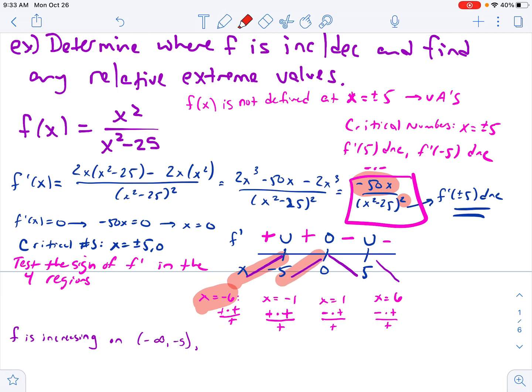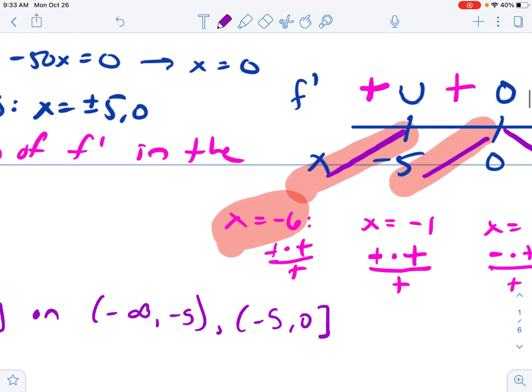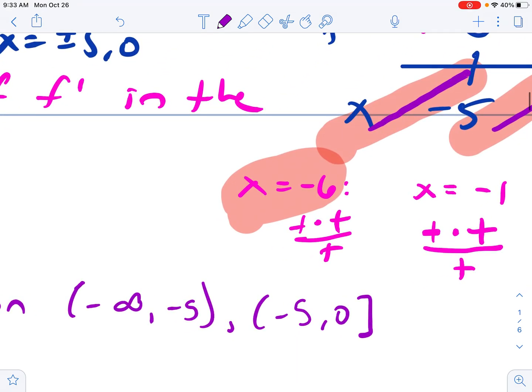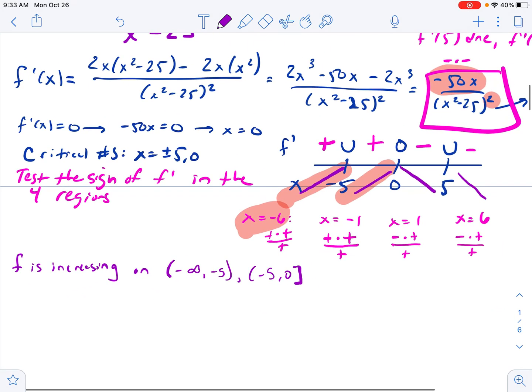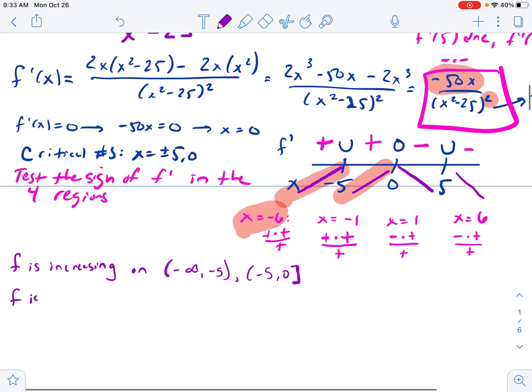And then again, from negative 5 up to and including 0. Nothing at negative 5 because the original function's undefined there. There's a vertical asymptote. That's why negative 5 was left out. Negative infinity is left out on this open interval because you can never get there. But at 0 is where the function stops increasing.